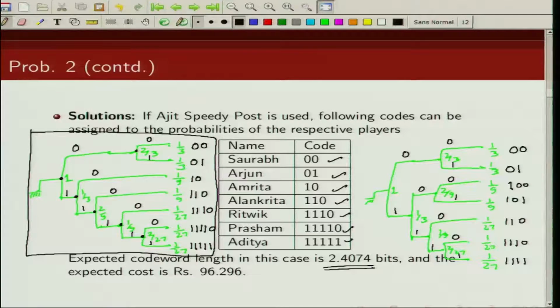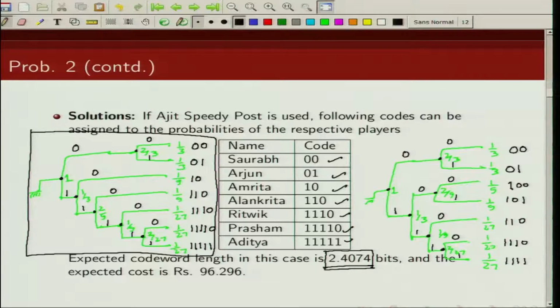We can calculate the same thing from here and we will get the same answer. You can verify: 1 plus 1 by 3 plus 1 by 9 plus 2 by 27 plus 2 by 9 plus 2 by 3 will give the same. So the expected code word length, if we use a binary Huffman code, is going to be 2.4 bits.